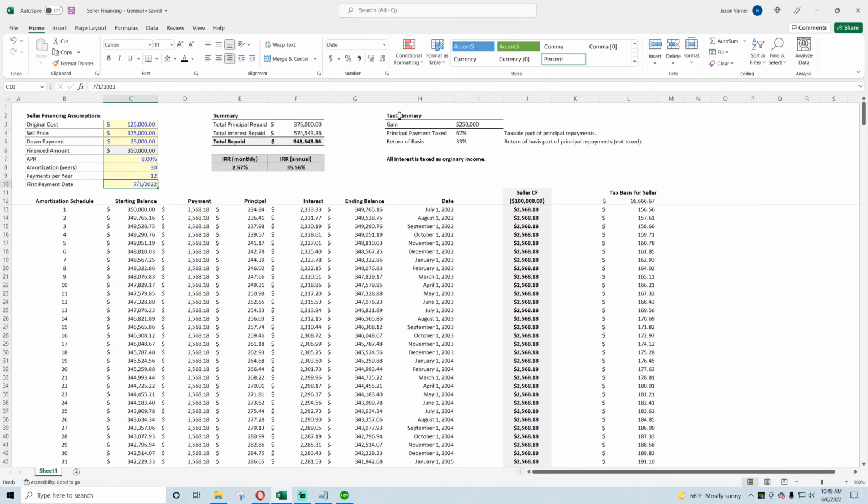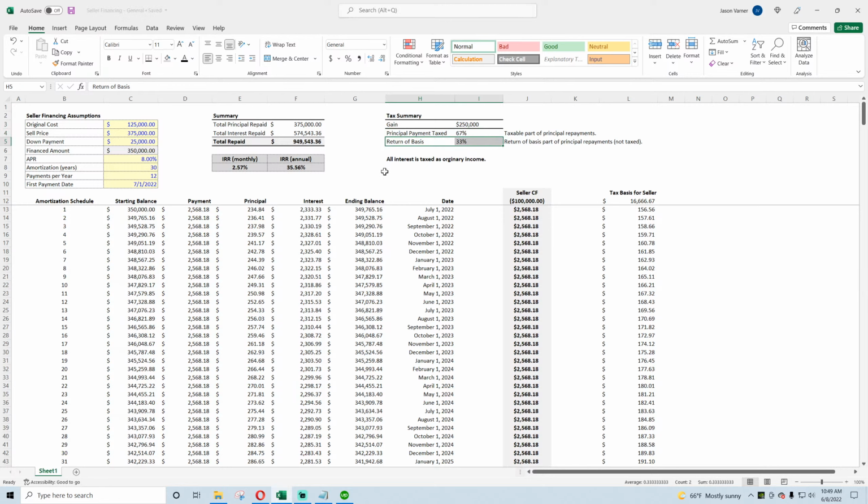And then we have obviously this tax summary, which is also very, very cool logic to show what's my total gain and how much of that is of the total sale price. Based on that, every principal repayment, this percent is gain, this percent is return of basis.